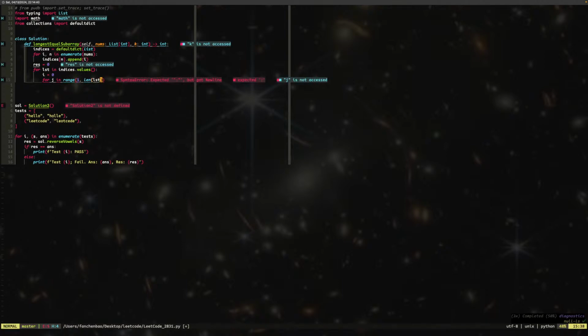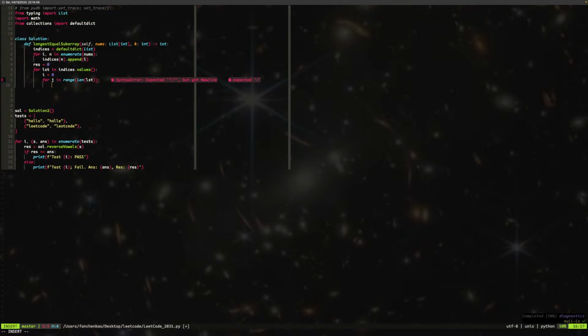Right? Is that right? No, I think it should just be, just do this. Right? So we extend and then we check. And we say if indices, now list j minus, so the amount in between the two, right?